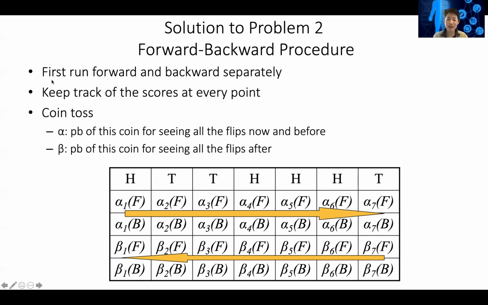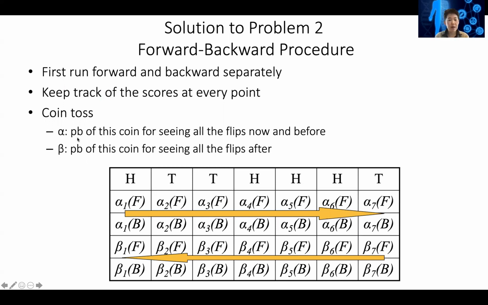And for the solution to this, there are also two different solutions. The first is called the forward-backward procedure. Basically, you run the forward procedure first, and you get all the alpha numbers in here. Remember what the alpha numbers mean.